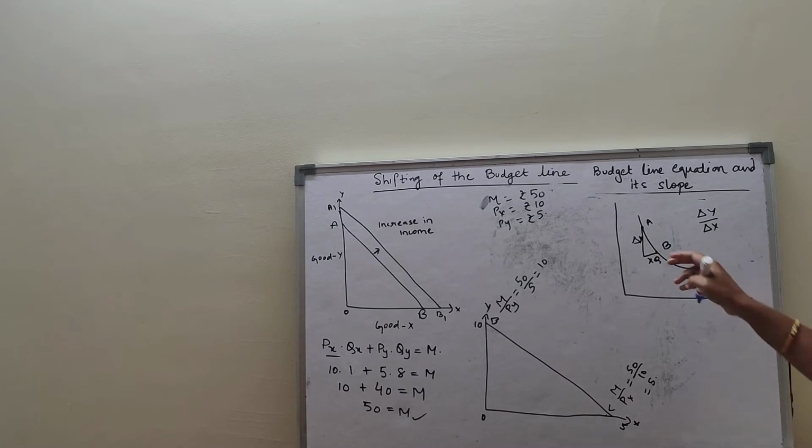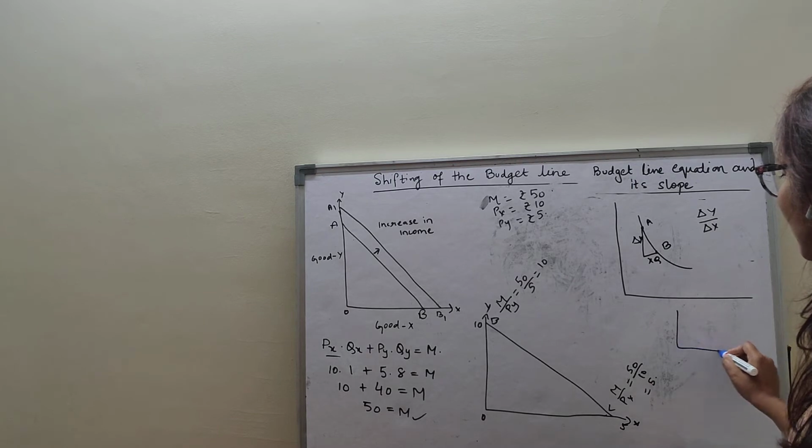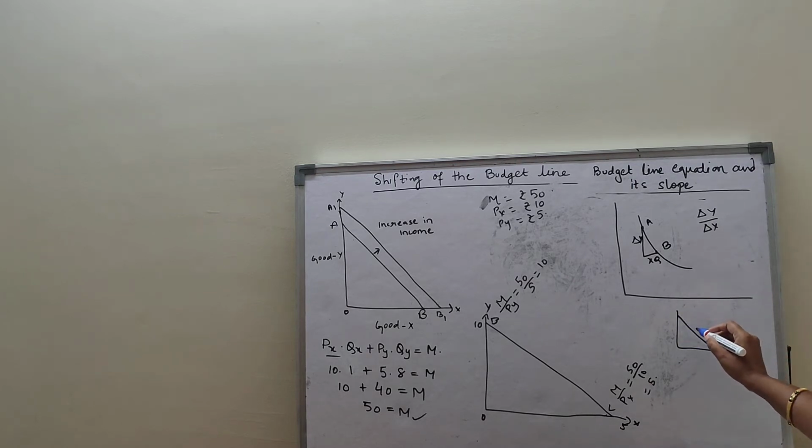If it is not a straight line, then at any point on the curve the value of the slope will be different. Clear? If it is a straight line, then the value of the slope will be the same throughout. Once the value between any 2 points is derived, the value of the slope will remain the same throughout. Clear? Now, let us move further.